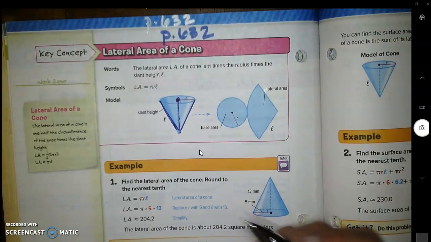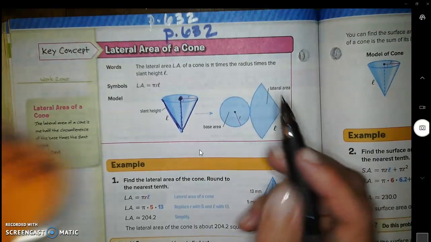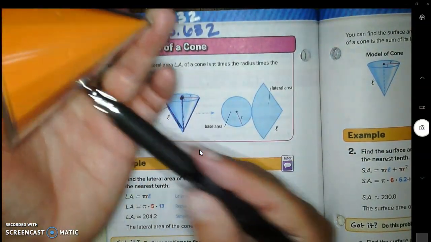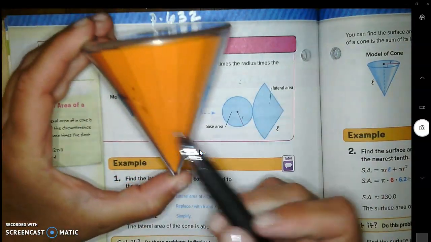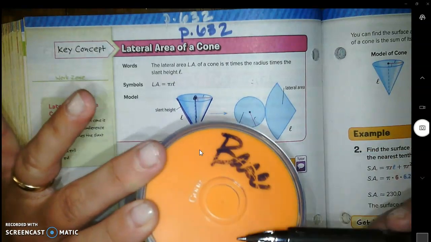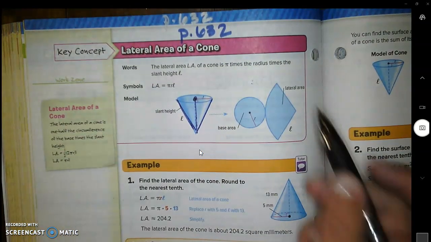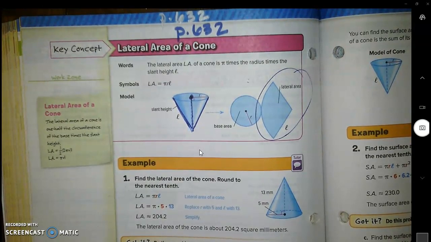Okay, and so you need to kind of know that. And again, remember, the lateral area is the area that goes around the cone. So if this were an ice cream cone, this would be the area of the cone. This would be open. Okay, that's the base. So we're going to be finding the lateral area, I think, for a couple of examples just to practice.